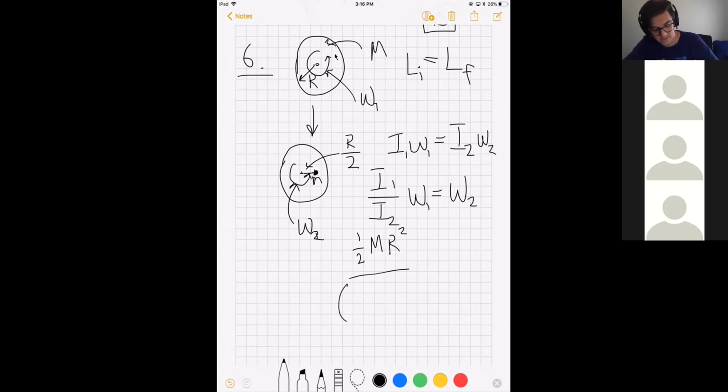So we still have the cylinder here, 1/2 big M R squared. But now we have this point mass at a radius of R/2 away from the center. The moment of inertia of a point mass is just m times the radius from rotation squared, so m times (R/2) squared.